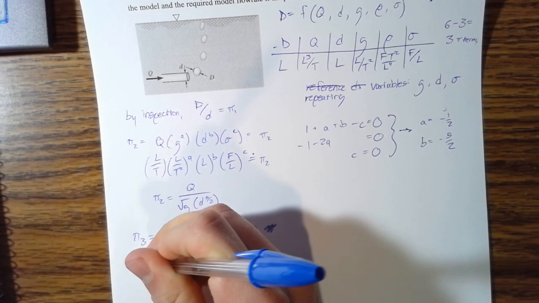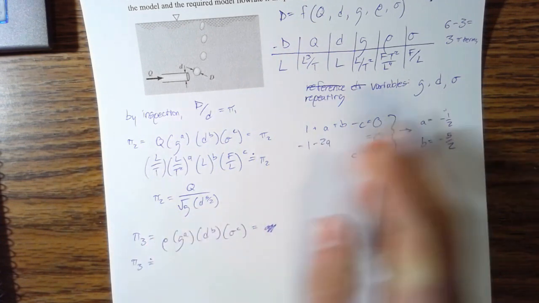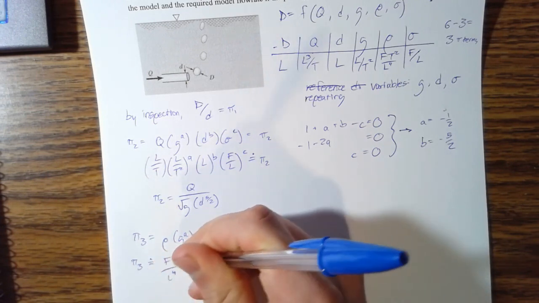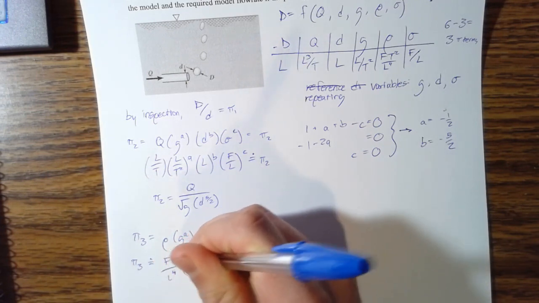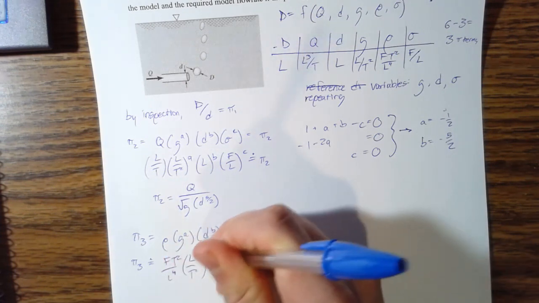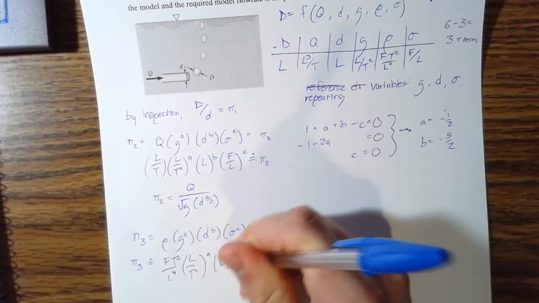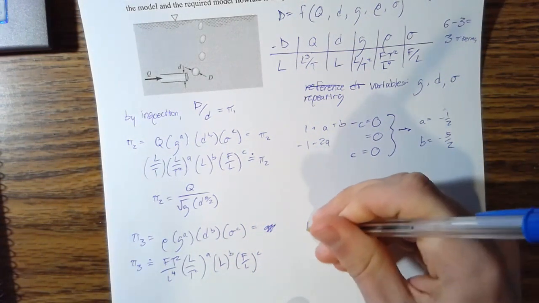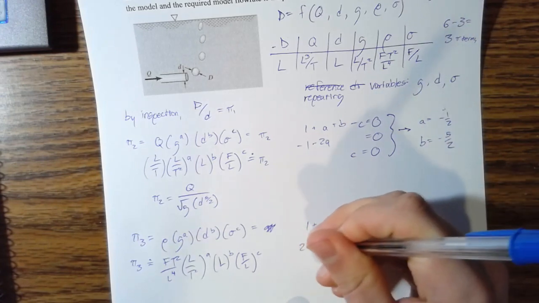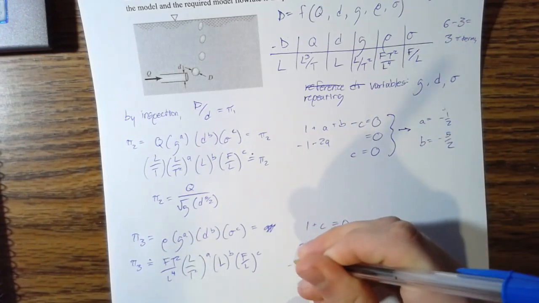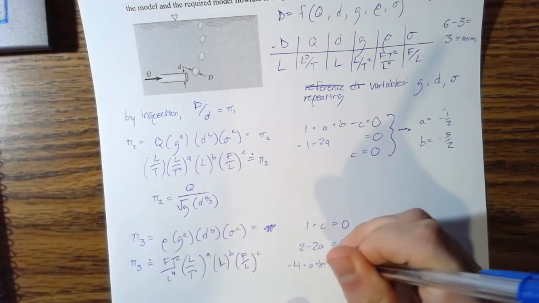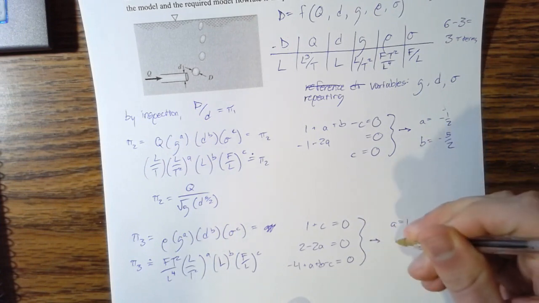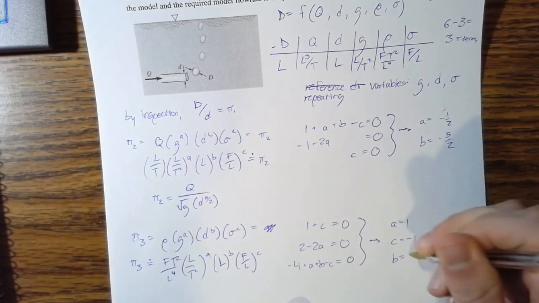So pi 3 is defined as F T squared over L to the fourth, g, L per T squared to the a, L to the b, F over L to the c. And same process as before. We're going to set up our system of equations. Solve that: a is 1, c is -1, and b is 2.